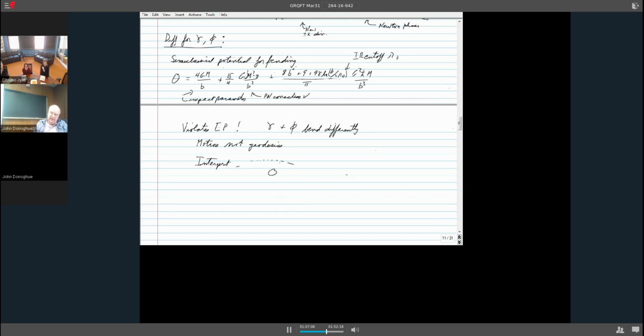One is that this violates the equivalence principle. This violation is tiny, but it's still there. It's basically the photons, massless photons and massless scalars bend differently. Things don't move on geodesics anymore.